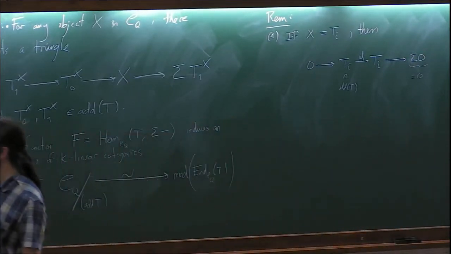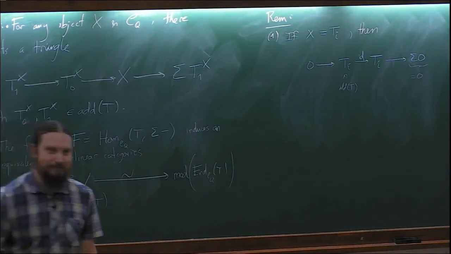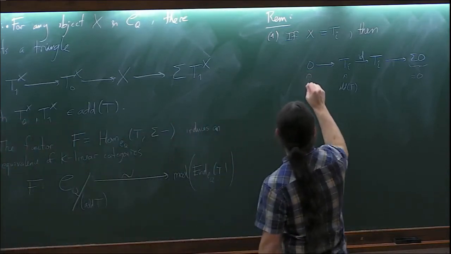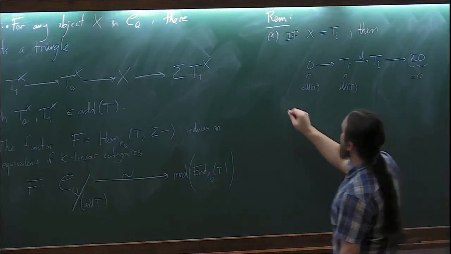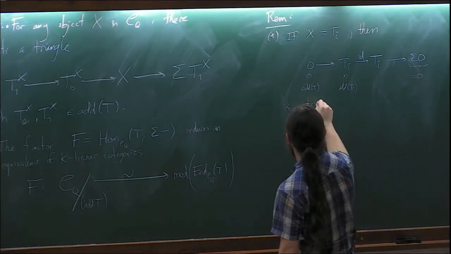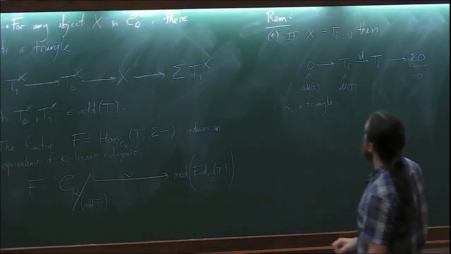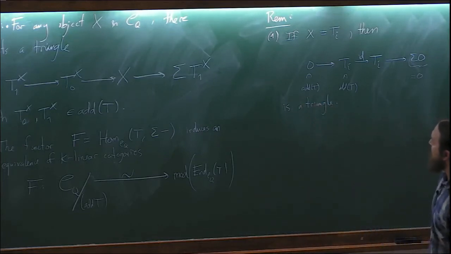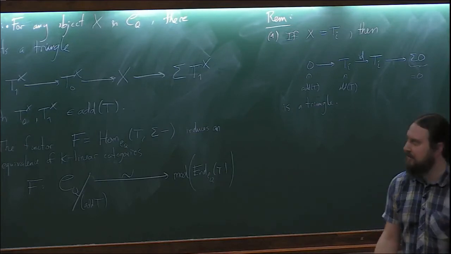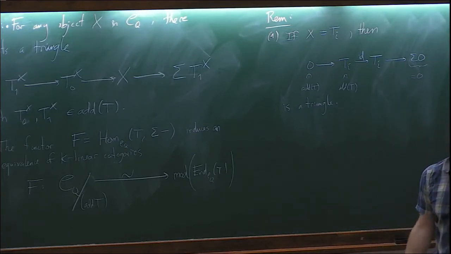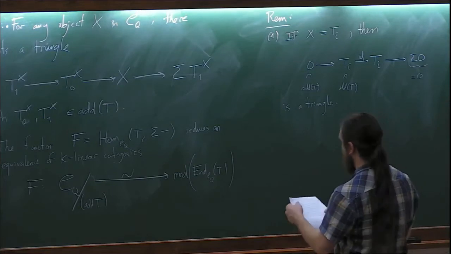It's the object where you put all ai equal to 0. So if X is one of the Ti's, then it's easy to compute this triangle, or one such triangle at least.